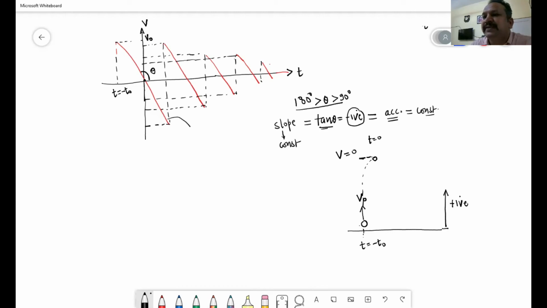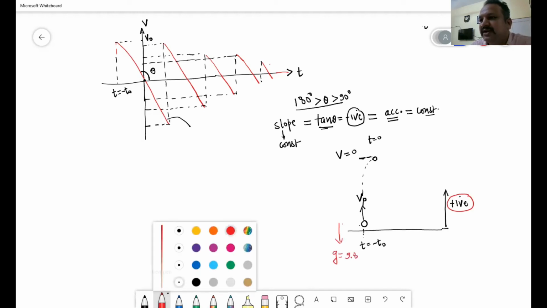So we can say if I take the upward direction as positive, then automatically g is acting downward, and the value of g is fixed, 9.8 meter per second square.